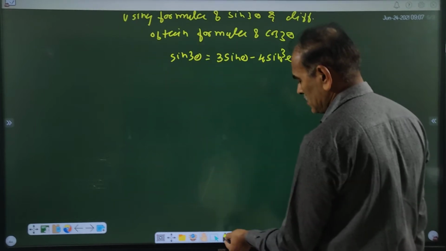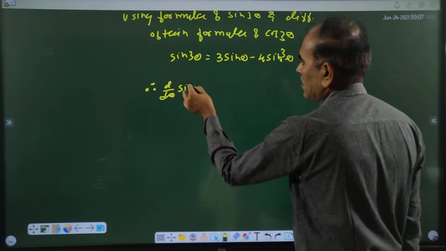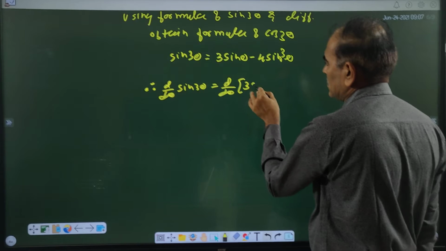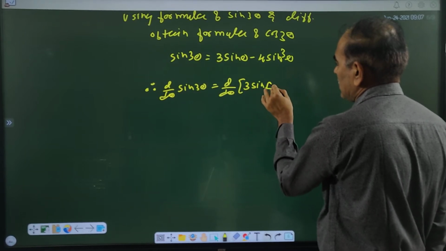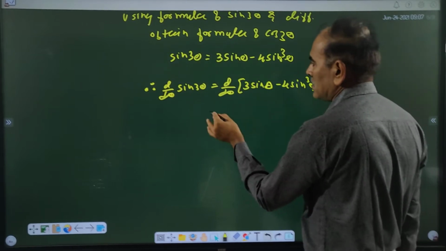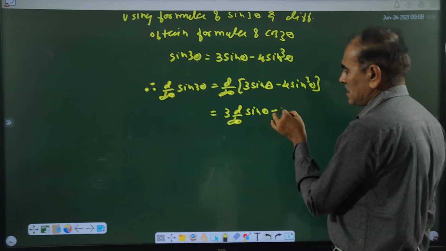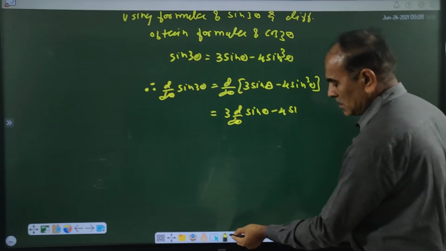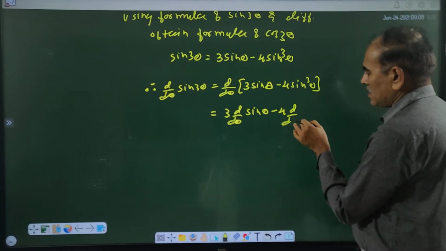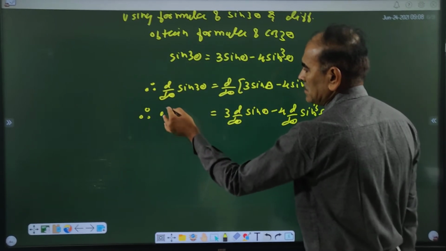Now see, differentiate with respect to theta on both sides. d by d theta of sin 3 theta equals d by d theta of 3 sin theta minus 4 sin cube theta. 3 outside, d by d theta of sin theta, minus 4 outside, d by d theta of sin cube theta. Left hand side as it is.